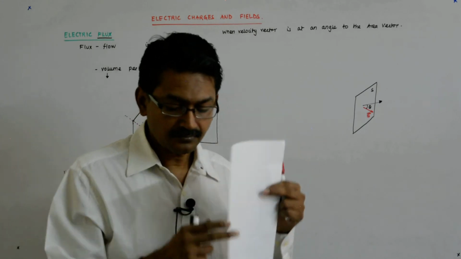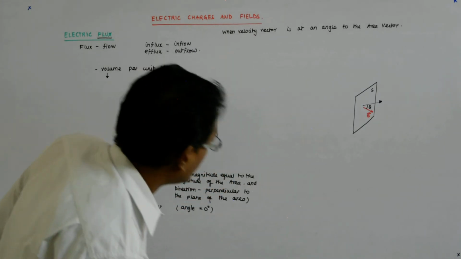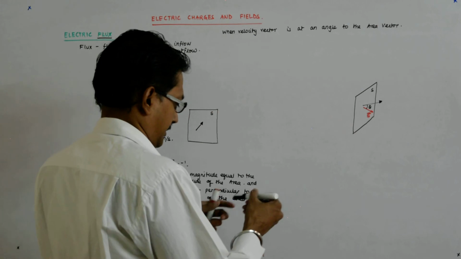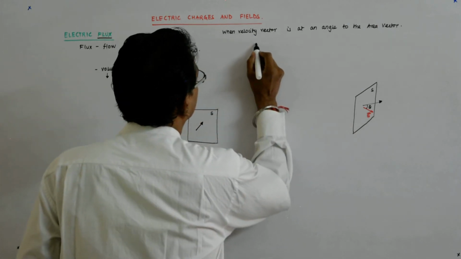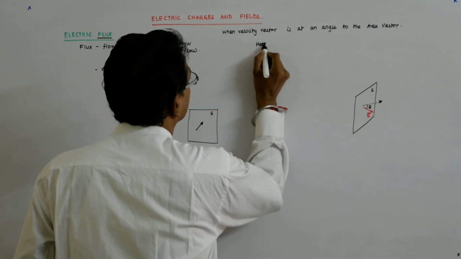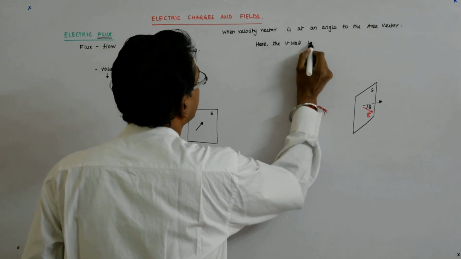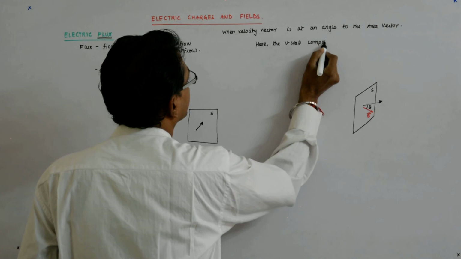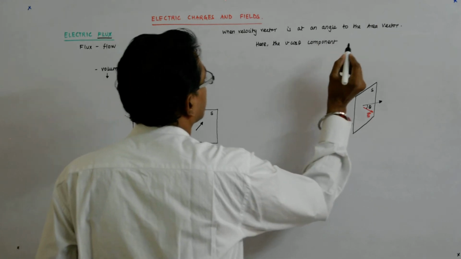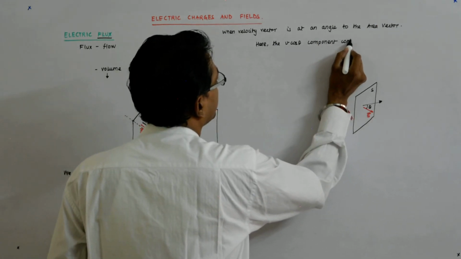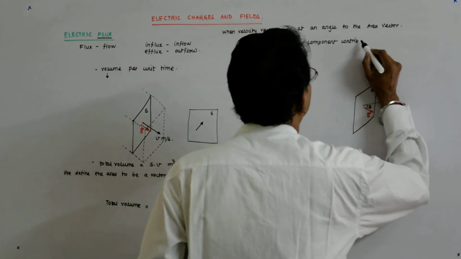Fine? So what I do is here, the v cos theta component contributes to the flux.